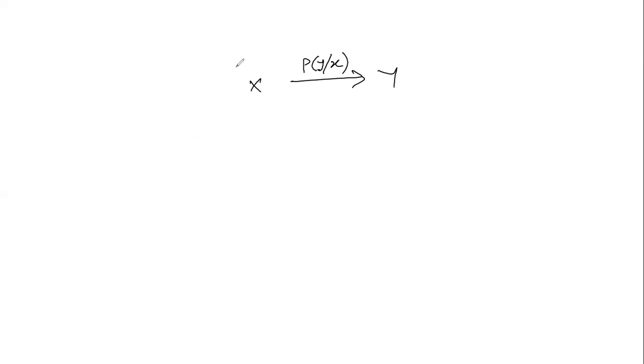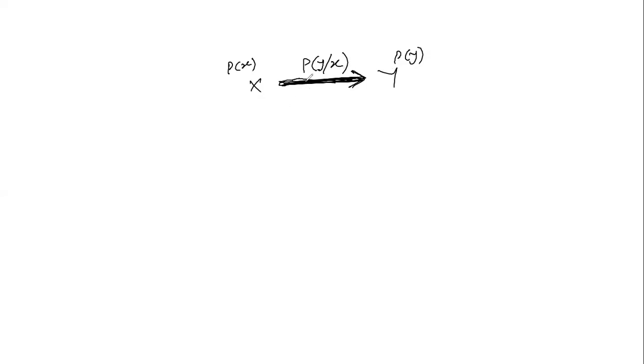If this is the probability of X and this is the probability of Y, then this channel is described by the probability distribution of receiving Y given that X was transmitted. Is that clear? When we get to the channel matrix, we will make this clearer.